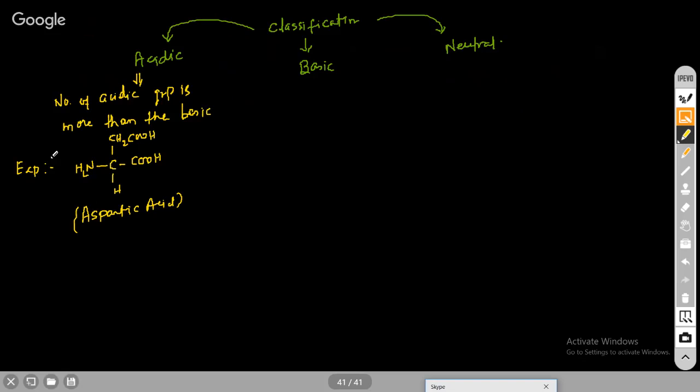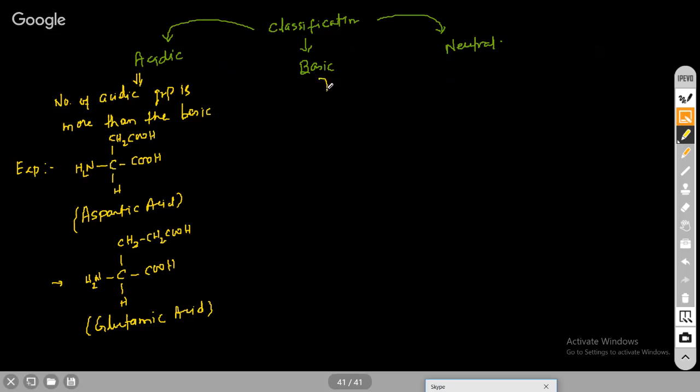Right. Again, you see another structure. Carbon, if it is attached with CH2, CH2, COOH here, and then all other things are same, COOH, NH2, and H here. This structure is glutamic acid. Again, you see two COOH groups and one NH2 group.